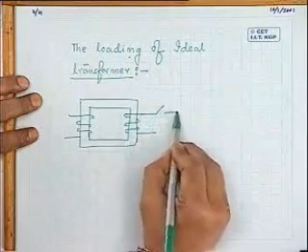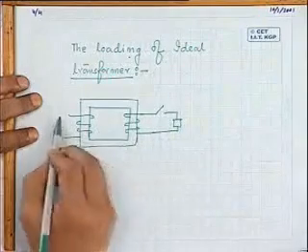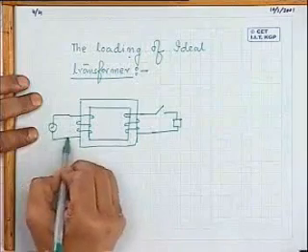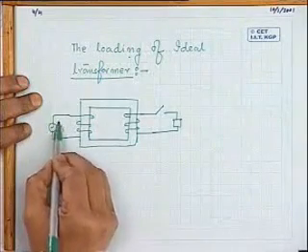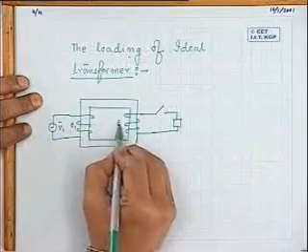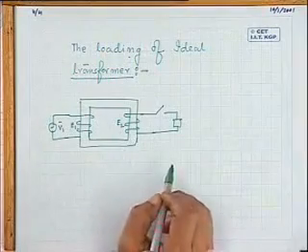I am drawing it like this, and I have a switch here and a load. And here I have applied a steady state AC voltage, say V1 bar, and the induced voltages will be there, E1, E2.